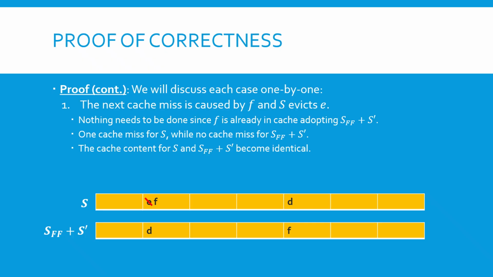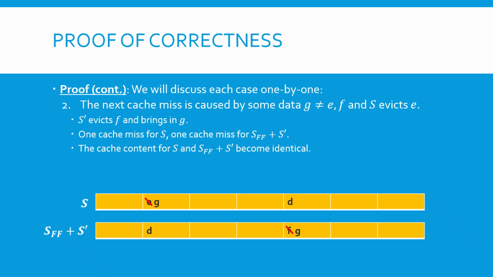In contrast, S incurs a cache miss on F. Therefore, up to this point, S prime has no more cache misses than S. After this request, the cache content under S and SFF plus S prime become identical. From then on, we define S prime to follow the same eviction decisions as S, which will not increase the number of cache misses relative to S.